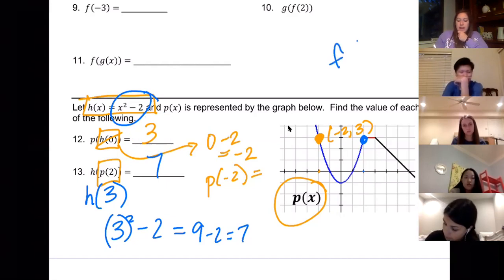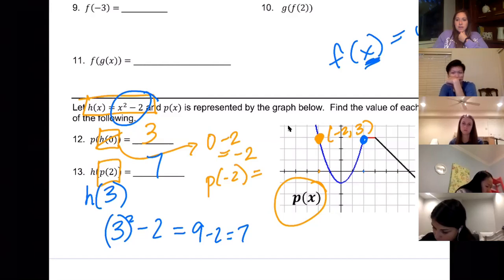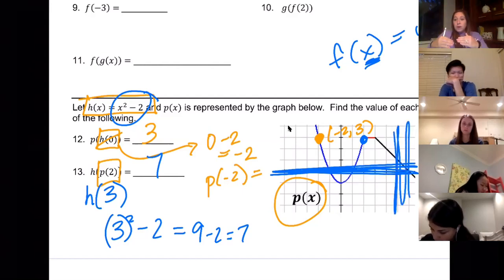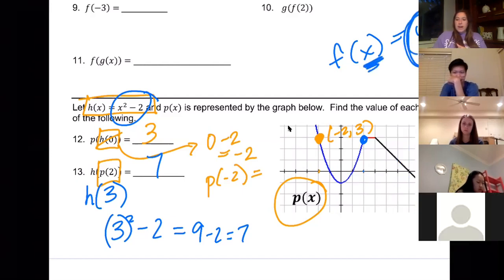So for number 13, x equals y is essentially what you're doing. So if a number is here, then I'm going to go to that number on my x-axis and then move up or down, and my answer on the other side of the equal sign is the y. But if it's the other way around, like they give you this number and you're searching for x, that's when you put a horizontal line and see where it intersects. Like what x values does it intersect?